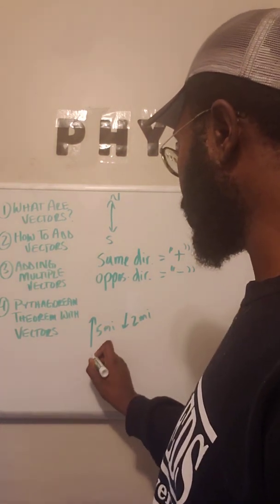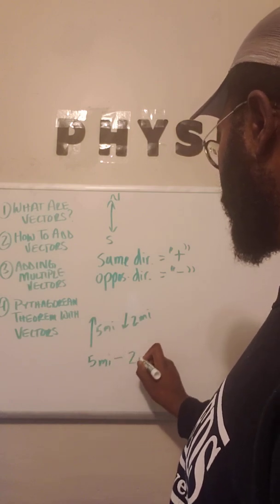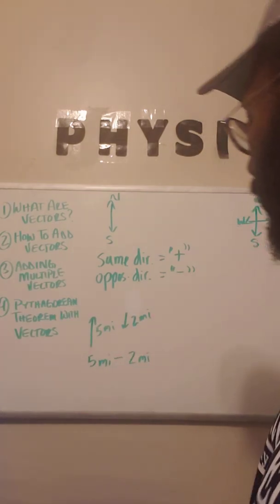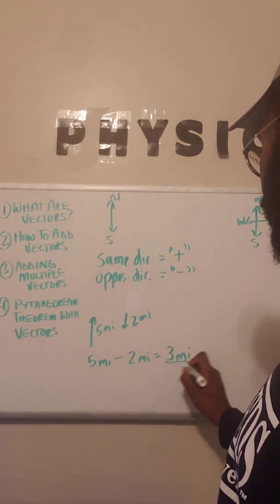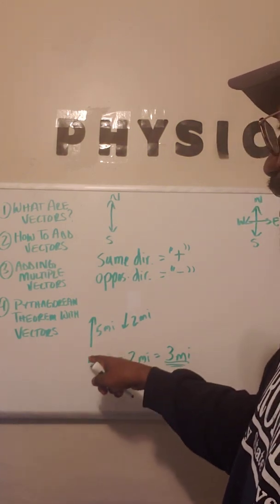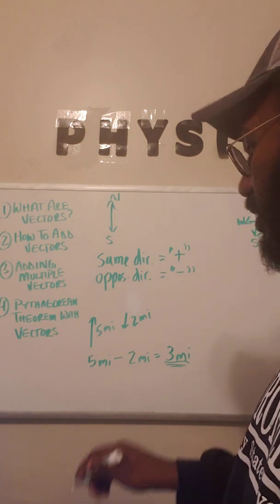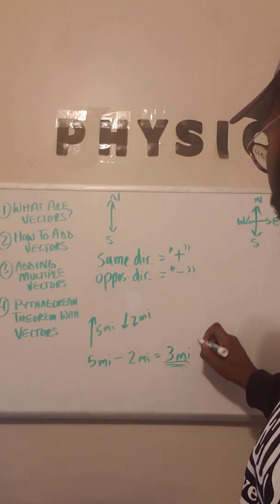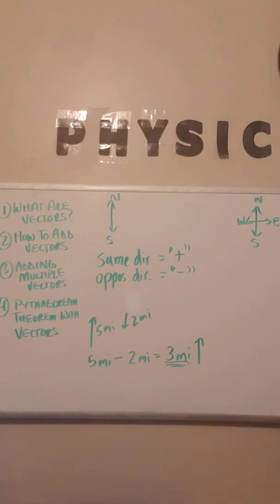So I'm going to do 5 miles minus 2 miles. And that is going to give me 3 miles as my final magnitude. Now, how do I know what direction it goes in? Again, I'm going to go to the larger vector. Whatever direction that vector was in, that's the direction that final answer will be in. So 3 miles north.